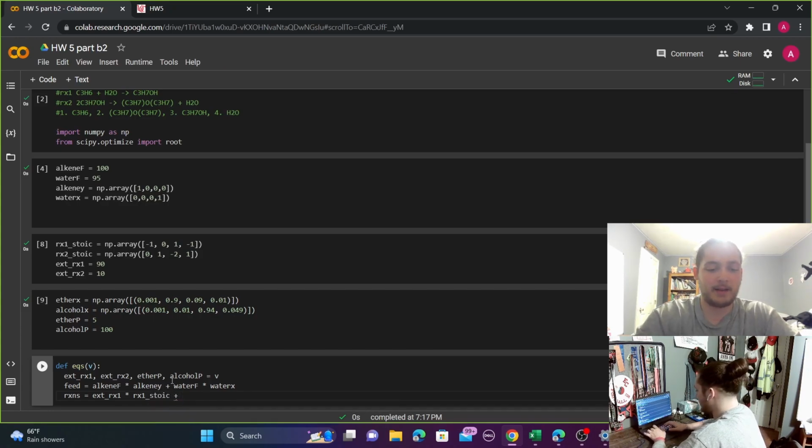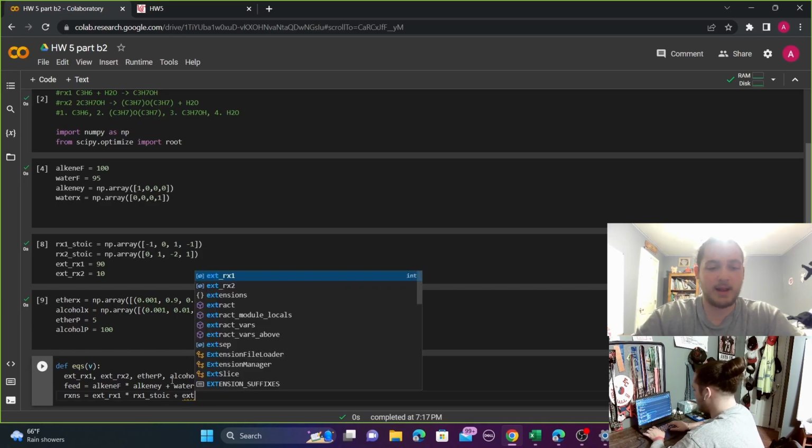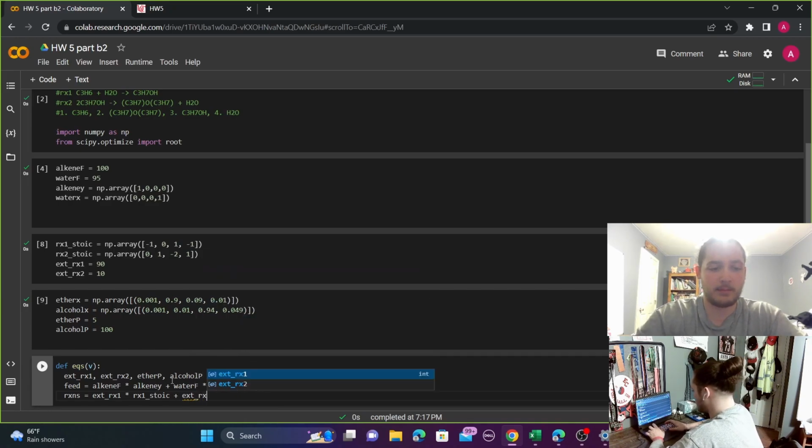And then we are adding the second reaction, and then multiplying it again by our second reaction stoich.